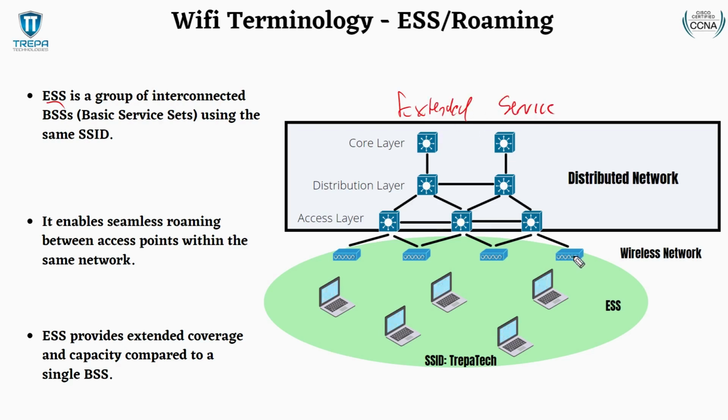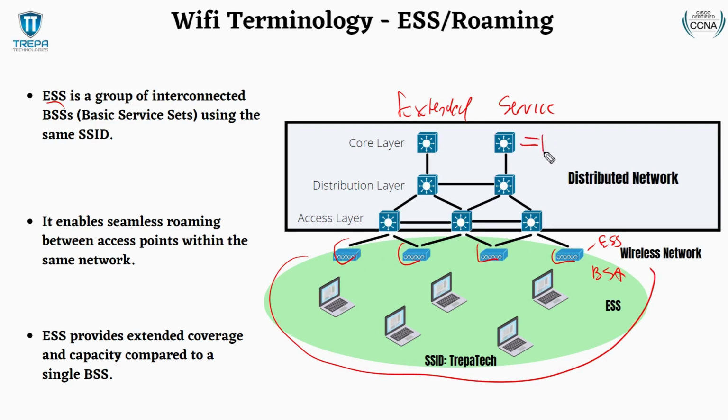So we combine all the BSSs of these access points to create an ESS, and then our BSA, basic service area, expands. See how that can all work together, all these terms? And this is done through that distributed system.